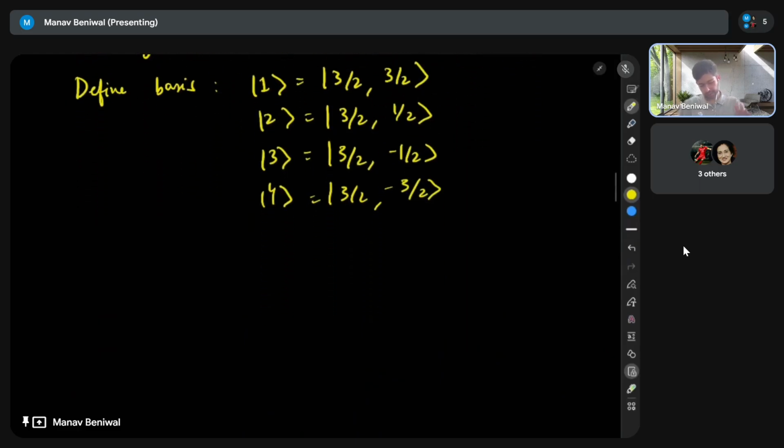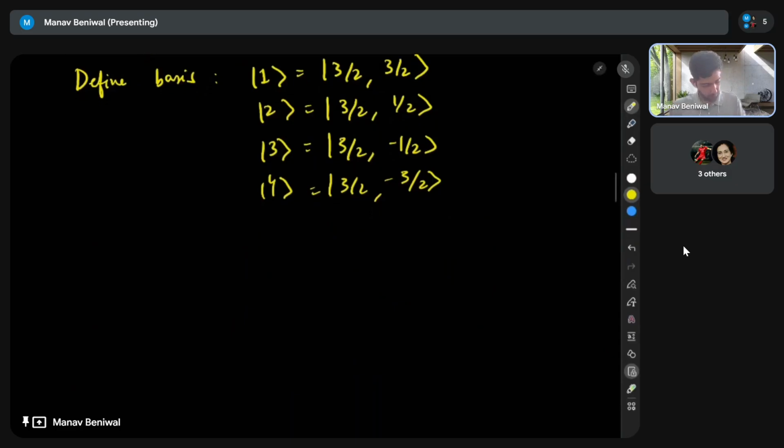So these are our basis states, and we have a 4 element column vector. Fine.